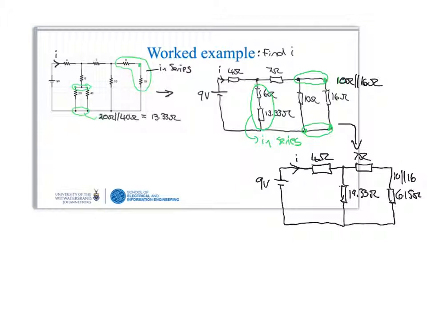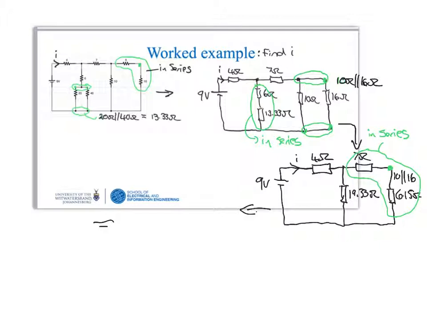And now you can see that we can simplify it even further, because remember, our ultimate goal is to find I. So now we can see these two share this node, and they don't share it with any other element, so these two elements are in series now. And so we can redraw the circuit once again like this.